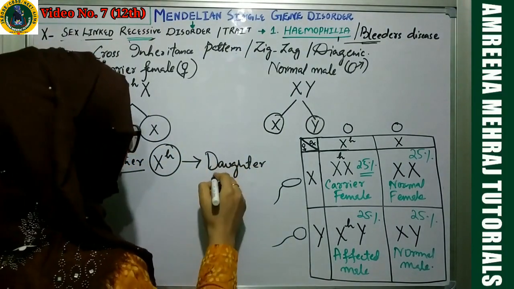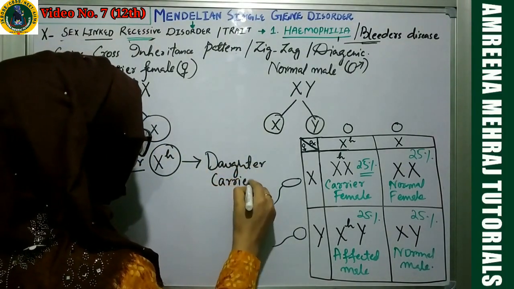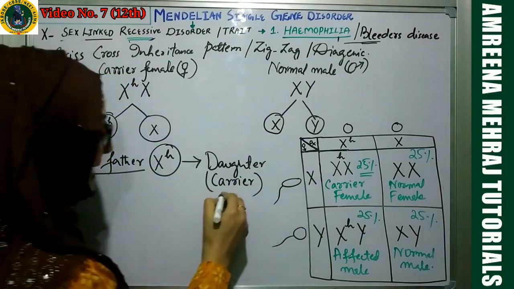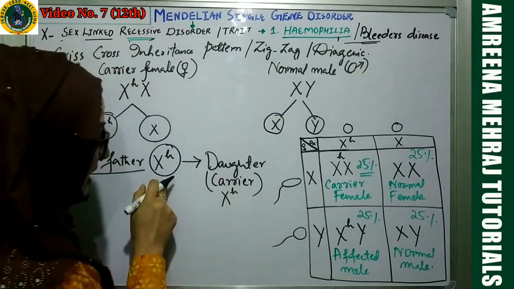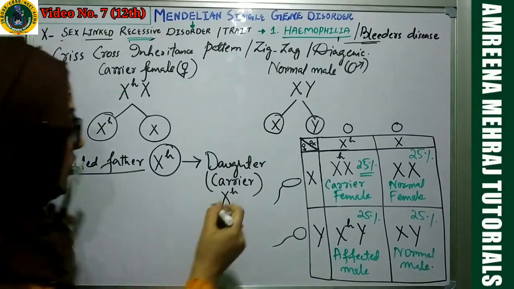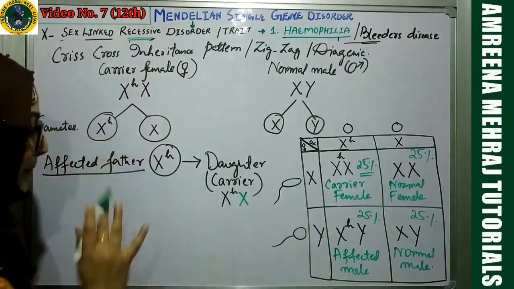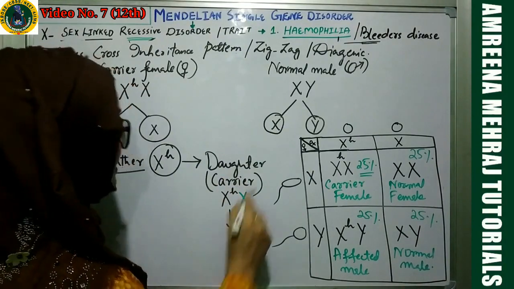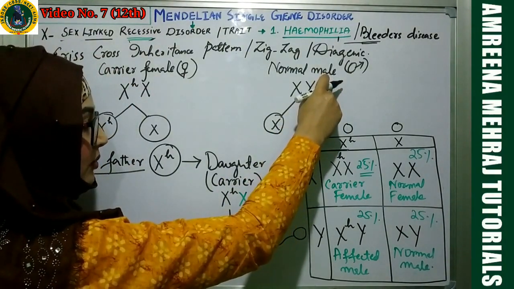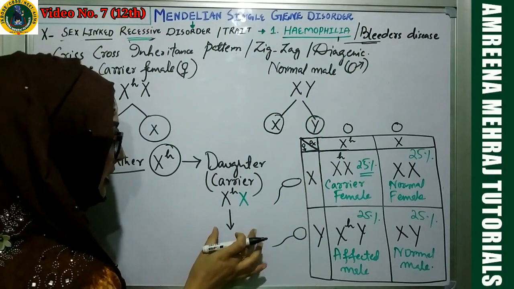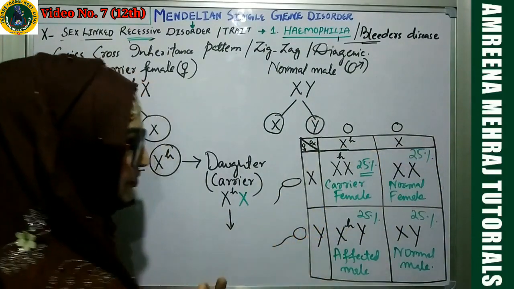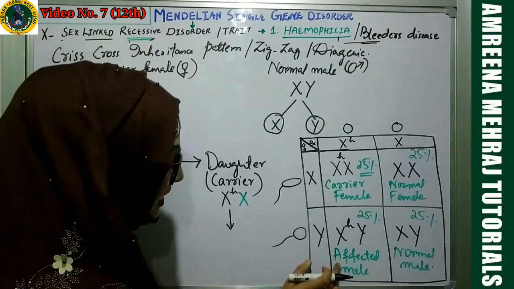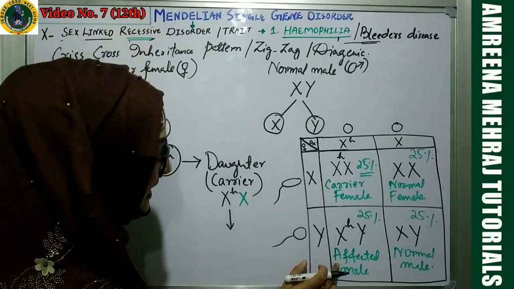He gave this to the daughter, and the daughter became a carrier because she got one X from the father. The other X which she got was normal, which she got from her mother. Now, when this daughter was married to this individual who is normal, she resulted in the formation of these many types of children, out of which we have seen that there is a possibility of one affected male.